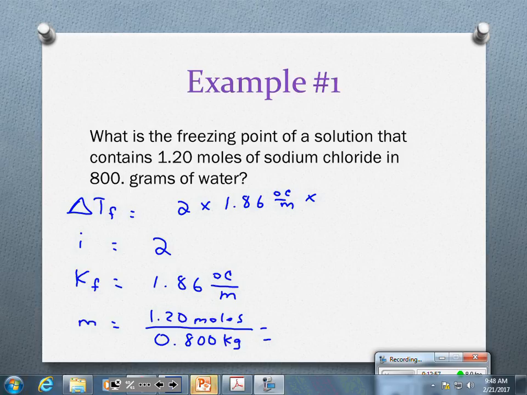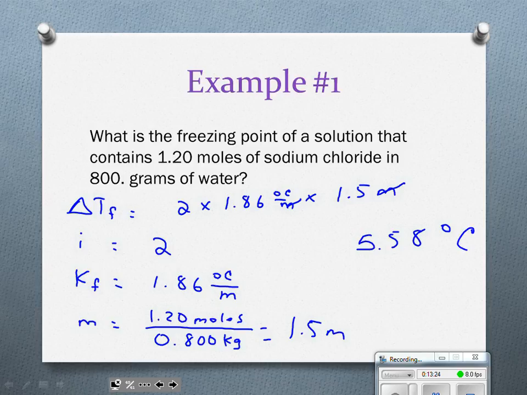That's going to give me 1.5 molal. So I multiply those together, and I get 5.58. What's my label going to be? Degrees Celsius. Whoa.